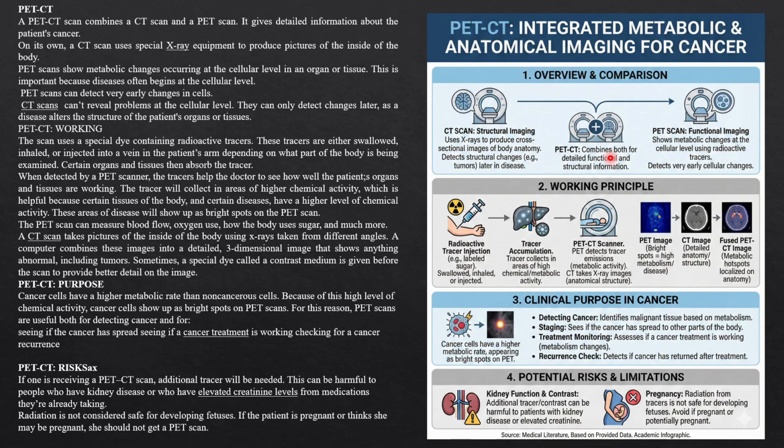The PET CT scan detects the tracer emissions showing metabolic activity. Then the CT takes X-ray images of anatomical structures, and the PET image is bright, whereas the CT image is detailed. Combined, this focuses on metabolic hotspots and localizes them on the anatomy.